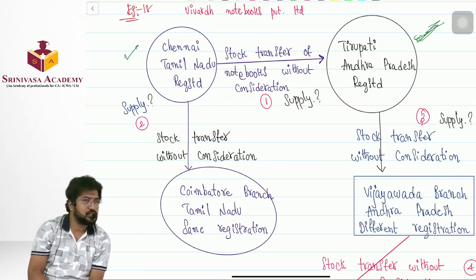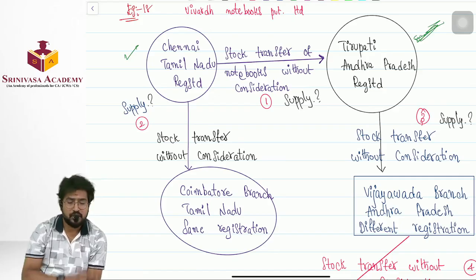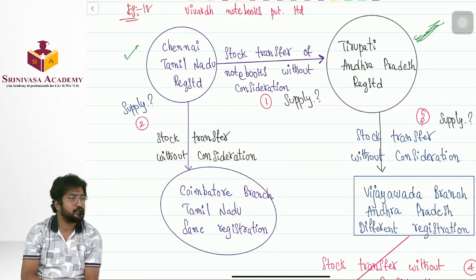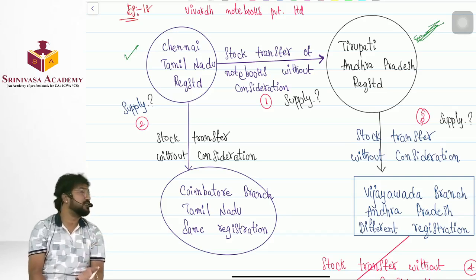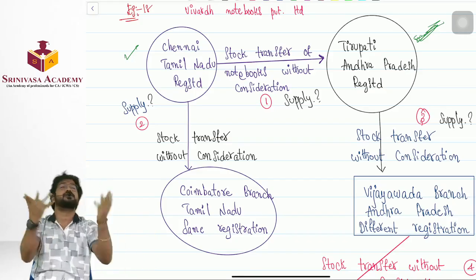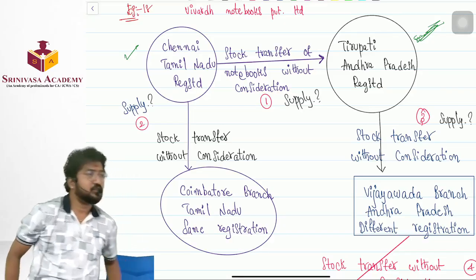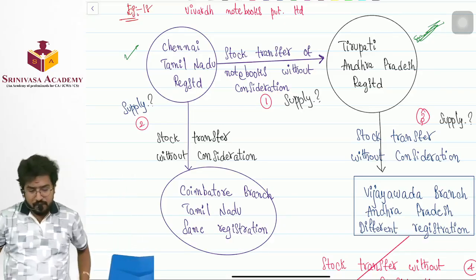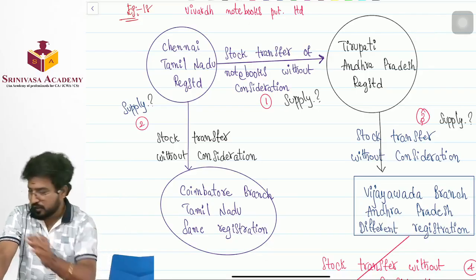Two registrations, same person. Distinct persons. Now, is this stock transfer supply or not? Without consideration, the distinct person concept says the stock transfer or branch transfer you are doing is supply. Are you understanding the point? So this is supply. Very good.